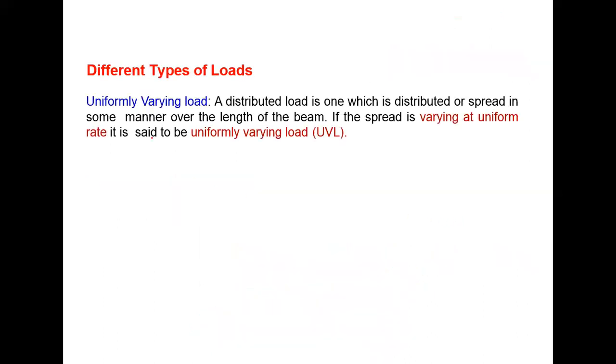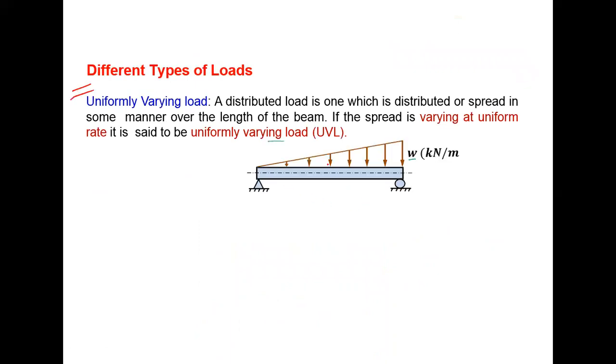Next type is uniformly varying load. And in this uniformly varying load, you will see that the load is varying, but it is varying uniformly. That means at one end, the loading is 0, and at the other end loading is, let's say, w.